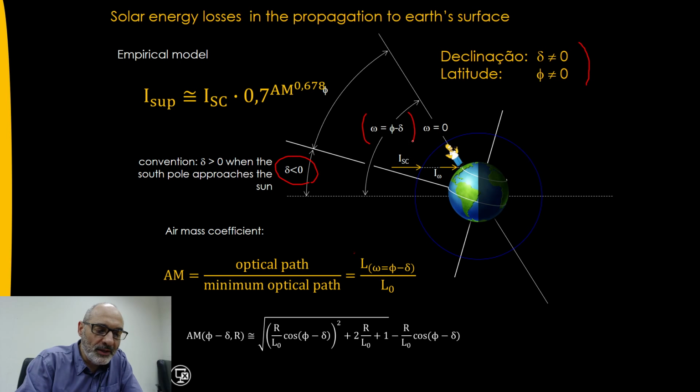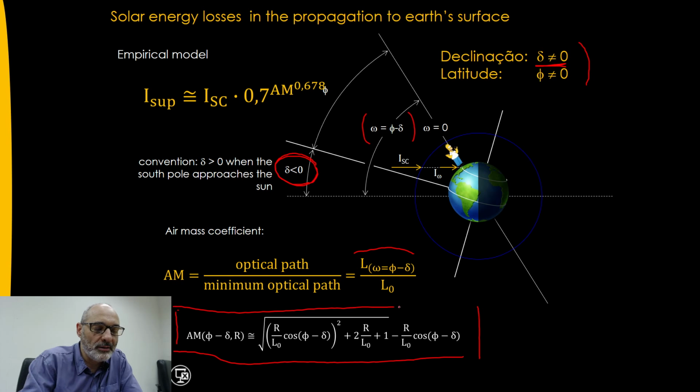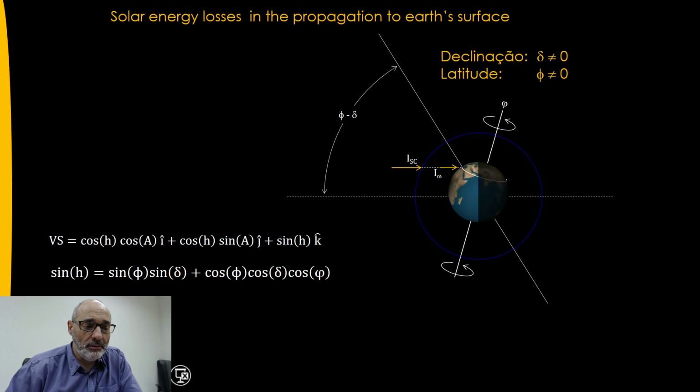You proceed exactly like this. Instead of omega, you write phi minus delta, just to account for the declination being different than 0. So what you get for your air mass coefficient with the spherical model is here. It's very simple to assess the more generic situation.